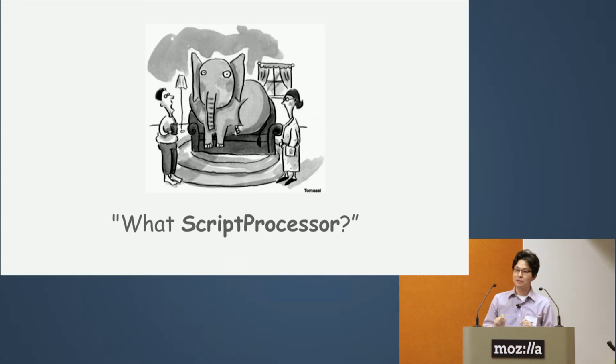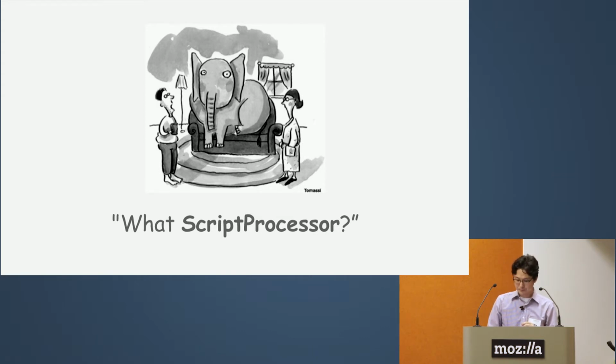Script processor node is a type of audio node in the WebAudio API that has been there since day one. It was part of the original version of the WebAudio API, but our audio working group, who have been writing this audio API specification, decided to deprecate this feature completely from the spec because it has some design flaws. I'm going to talk about that a little bit later. But basically, AudioWorklet is a proper replacement of the script processor node.